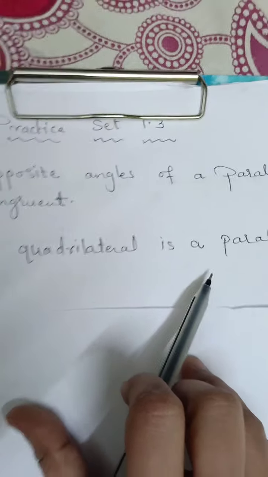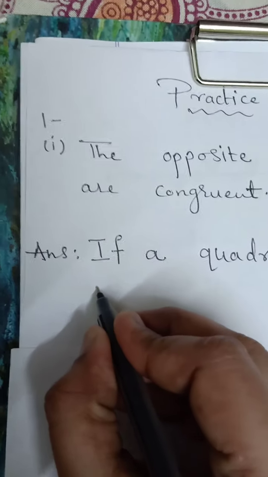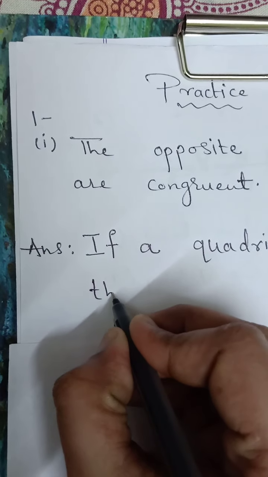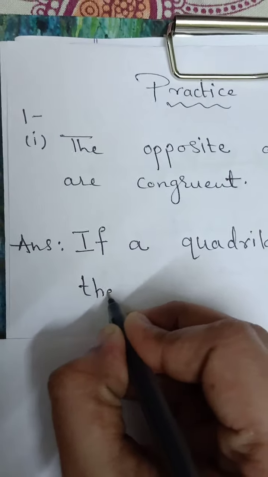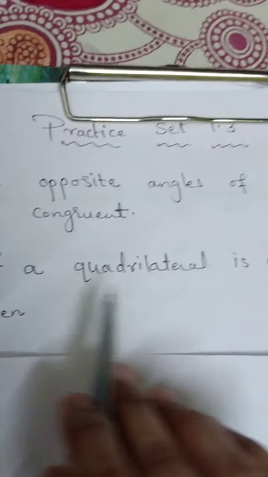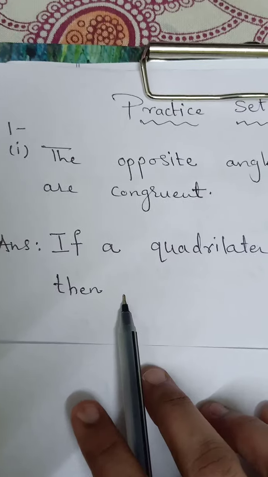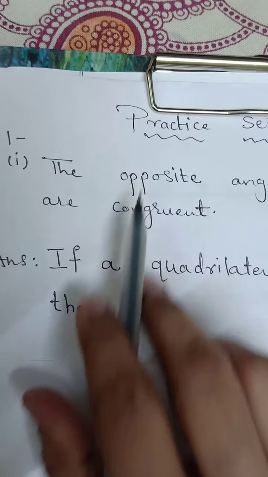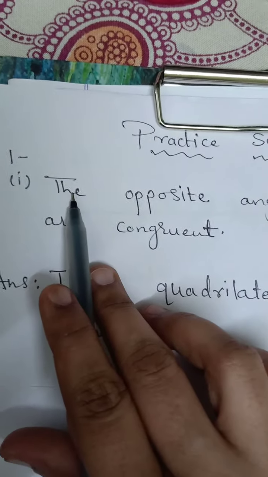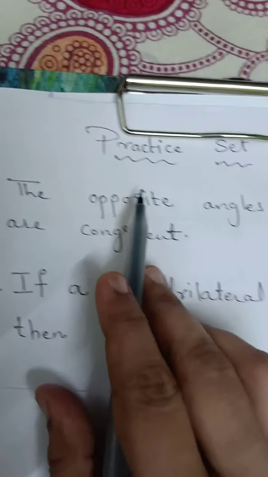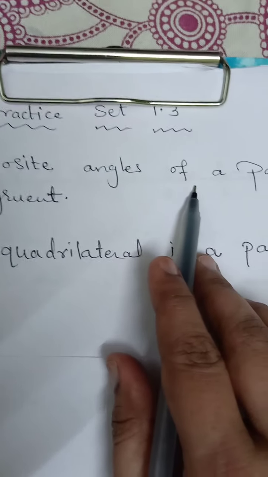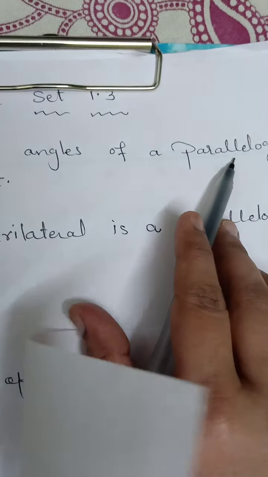Now we'll start the second. After the first statement we have to use the word then. So we will write here then. So if a quadrilateral is a parallelogram, then now we have to take from the statement. After then we have to start from here: the opposite angles of that quadrilateral.